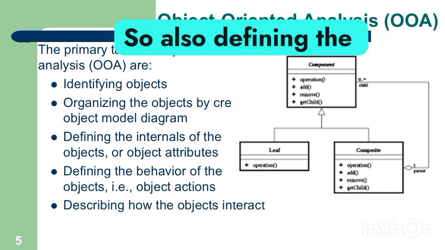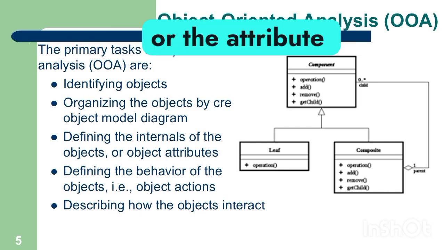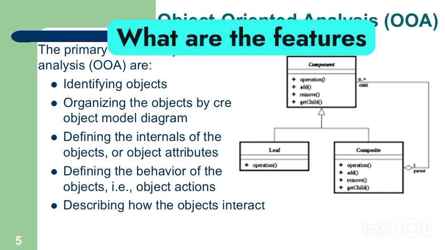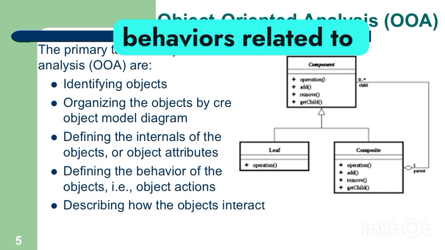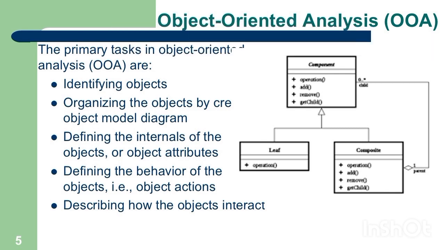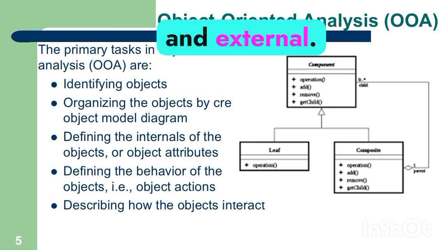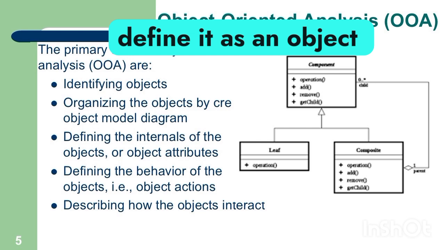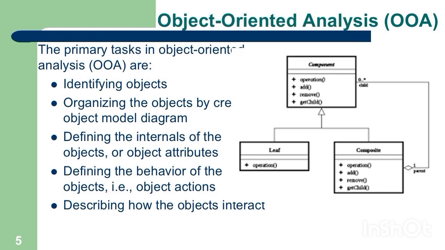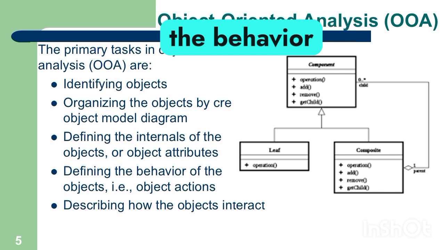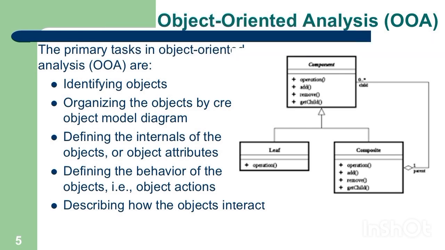Also, defining the internals of this object, or the attributes related to that object. What are the features? What are the behaviors related to this particular object is very, very paramount. It should not be left behind, both internal and external. You should clearly define it as an object-oriented analyst. Also, you define the behavior, which we have already said earlier. That is the actions.